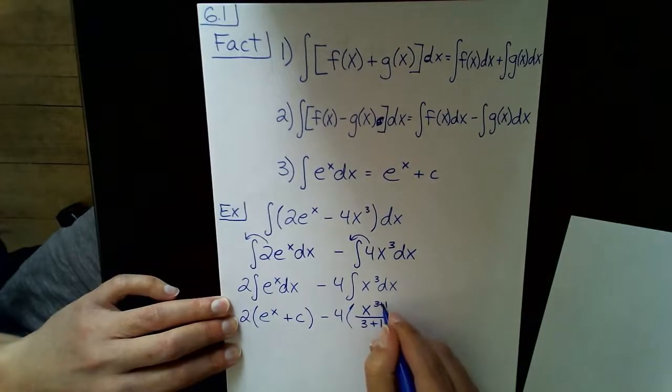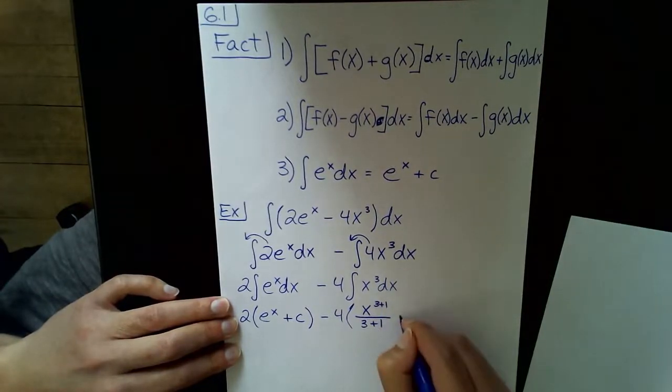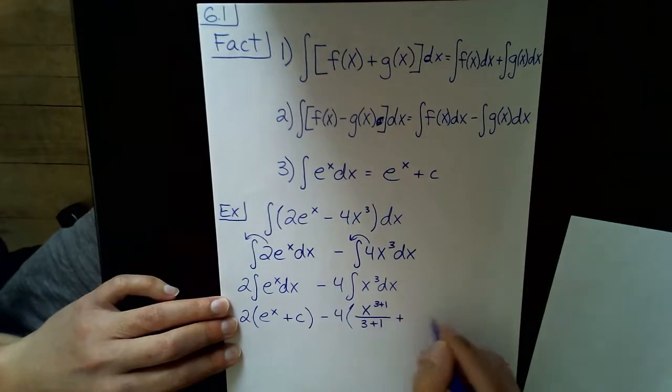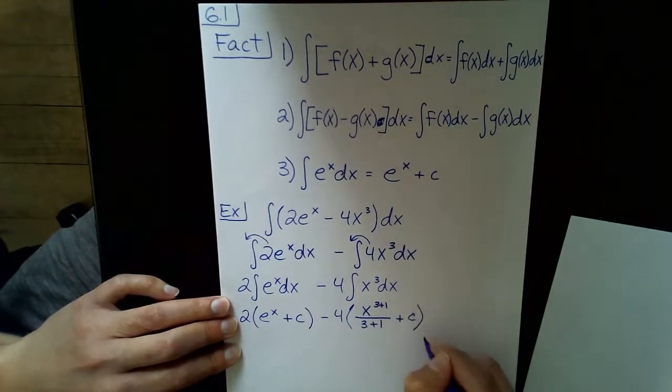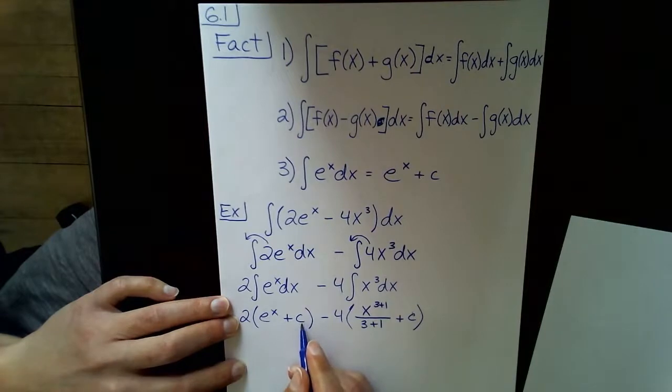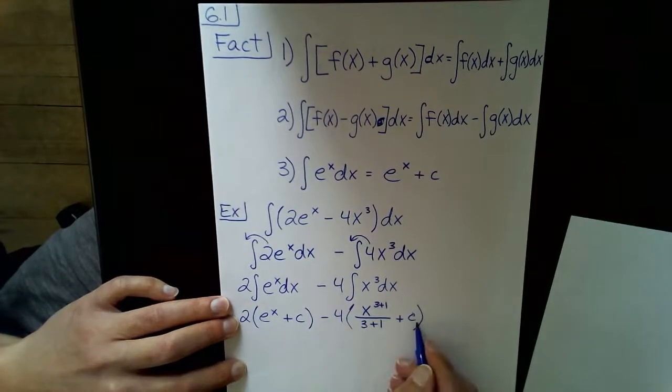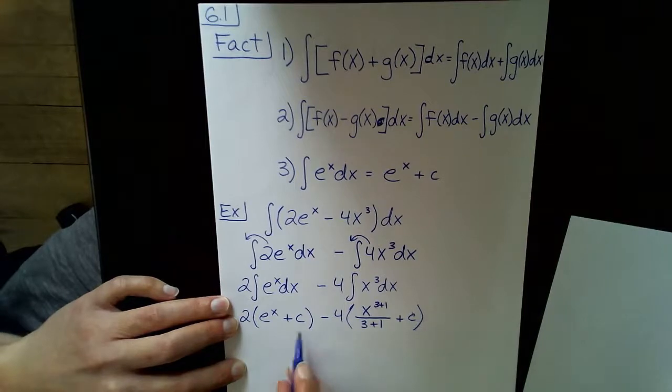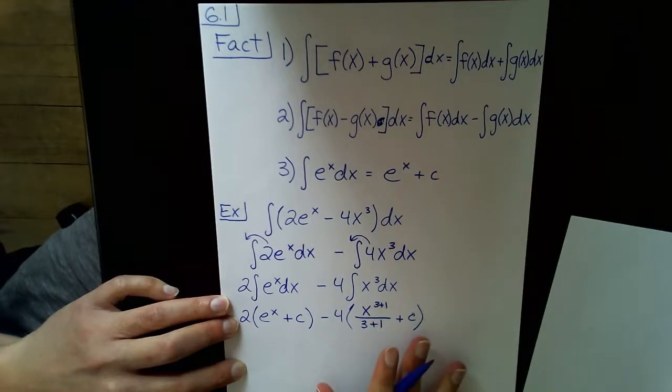Again, we add 1 to the exponent and divide by the new exponent. Plus c again. Now technically, you should write c1 and c2 here, but it all ends up becoming c anyway, as we discussed in the last video, so we don't really need to worry about that. They're just some constant values that'll all get condensed into 1.